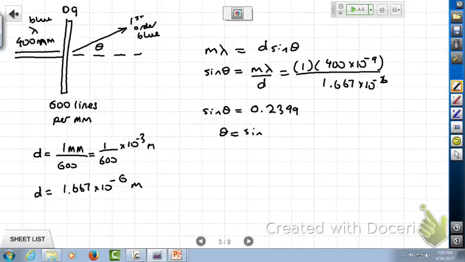So theta equals sine to the minus 1 of 0.2399.